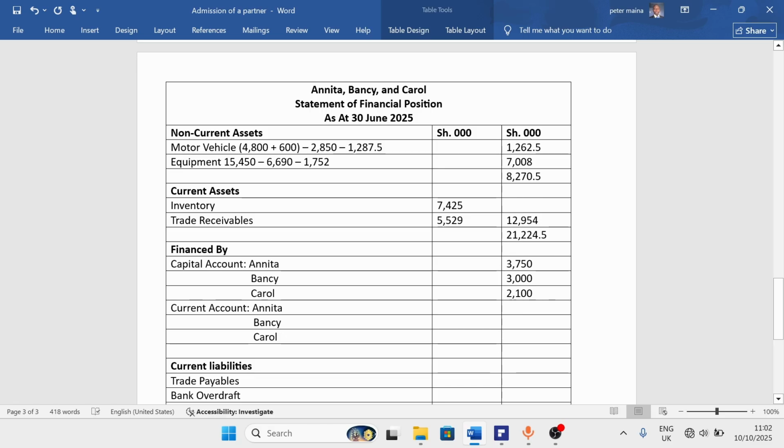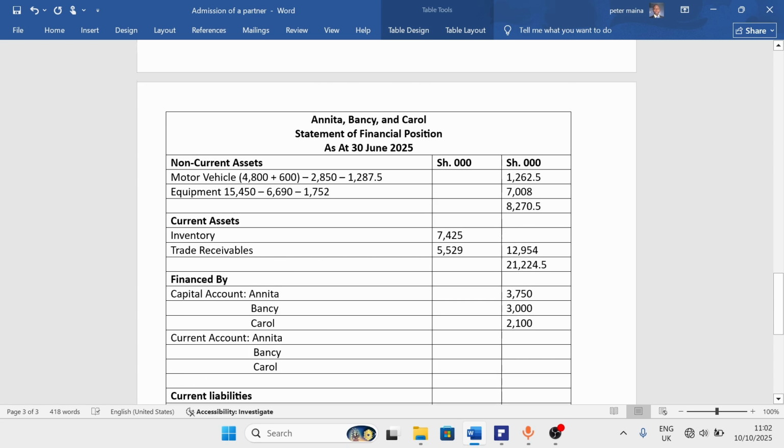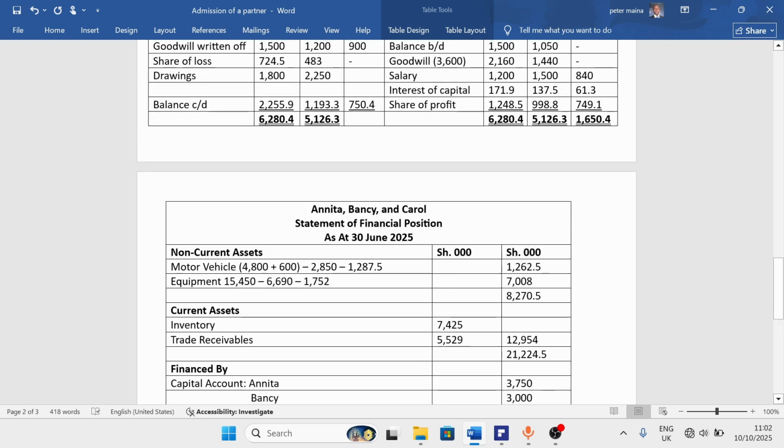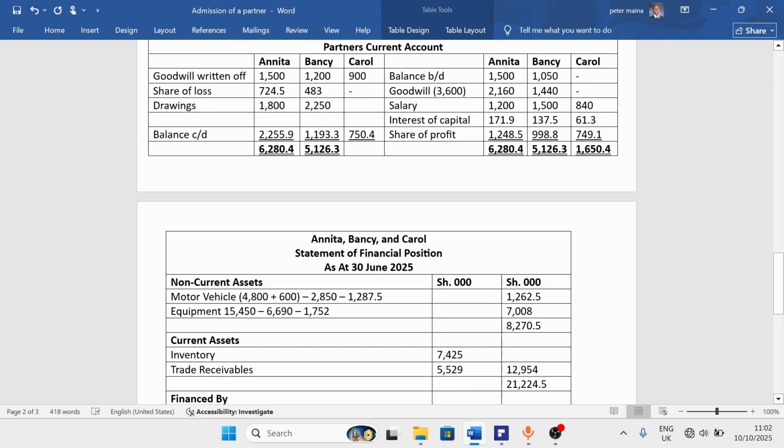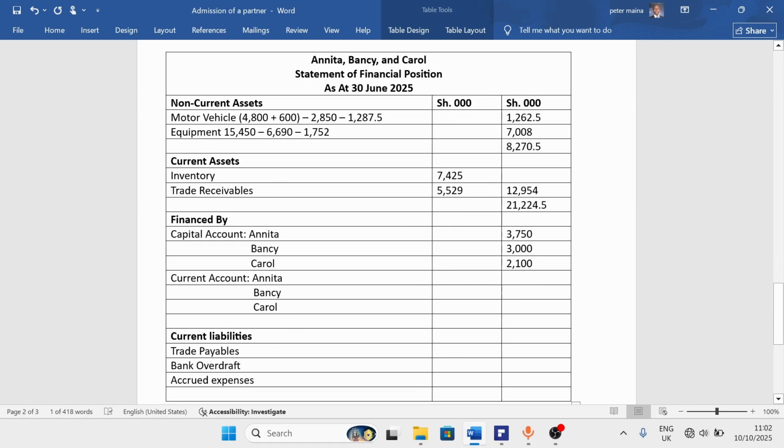Next, we go to current account. So current account, we are going to take the balances we have in the partner's current account. So Anita, we had 2255.9. So that is the one we are going to show there, 2255.9.